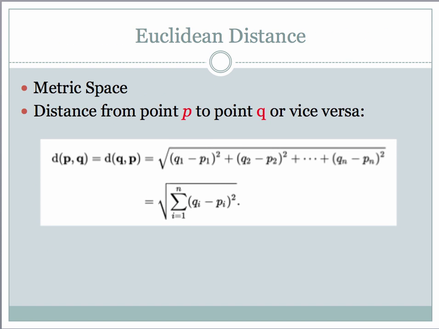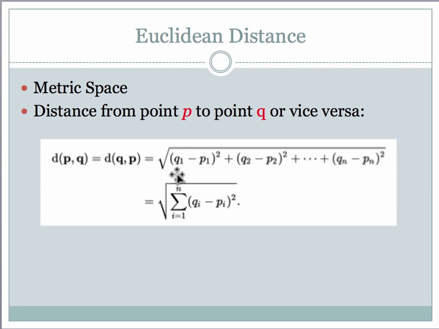The Euclidean distance measurement technique, which we have seen most certainly at some point in the past, turns the Euclidean space into a metric space, and we can measure the distance from point P to point Q or vice versa with the following formula.